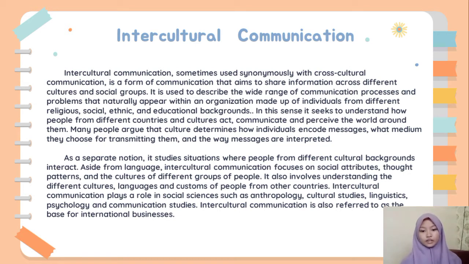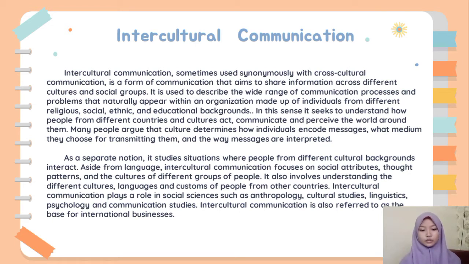around them. Many people argue that culture determines how individuals encode messages, what medium they choose for transmitting them, and the way messages are interpreted. As a separate notion, it studies situations where people from different cultural backgrounds interact.